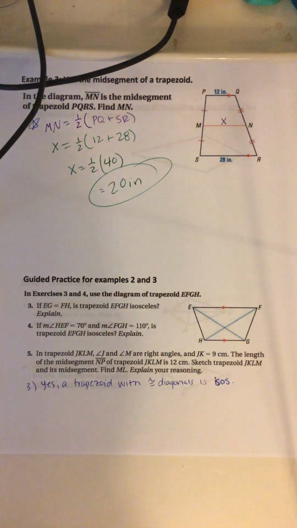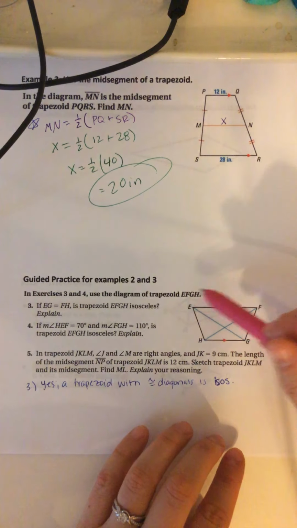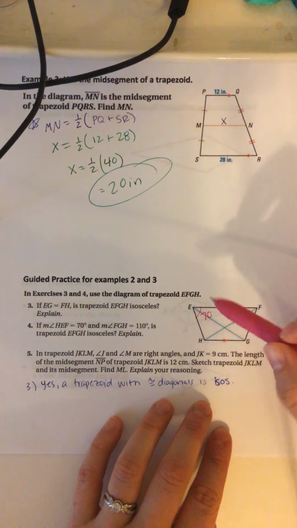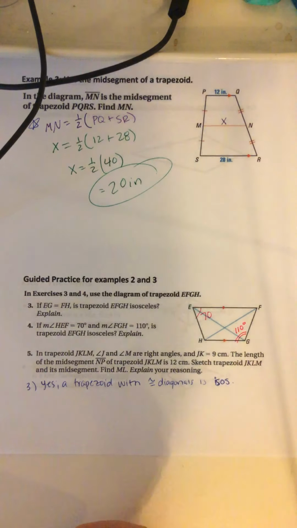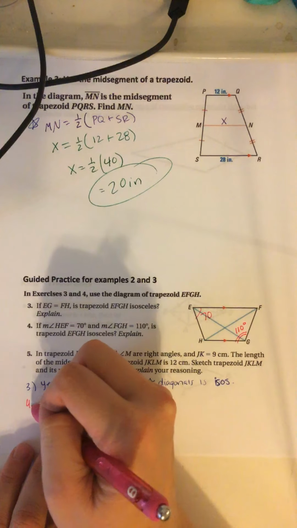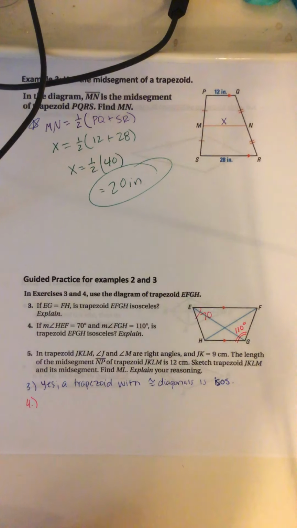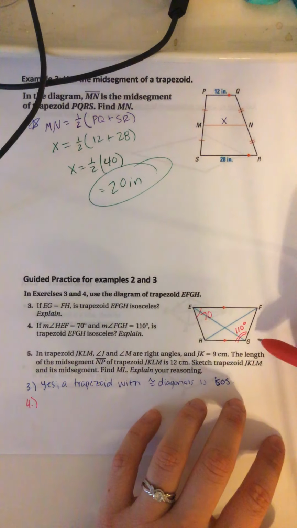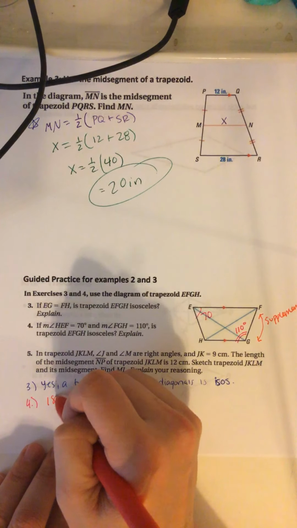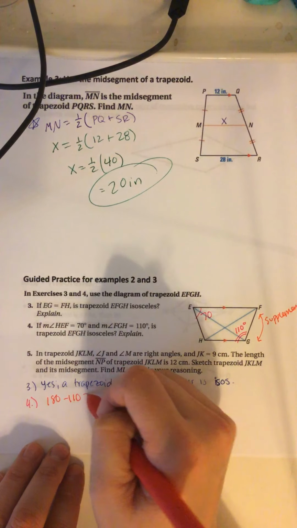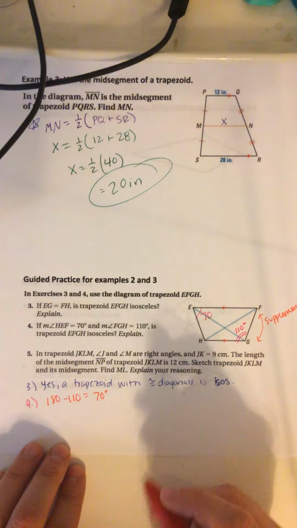For number 4, the measure of angle E is 70 and angle FGH is 110. Is it isosceles? Well, that little shortcut I told you in that one example a little bit ago tells us that these guys are going to be supplementary. So if I do 180 minus 110, I get 70 degrees.